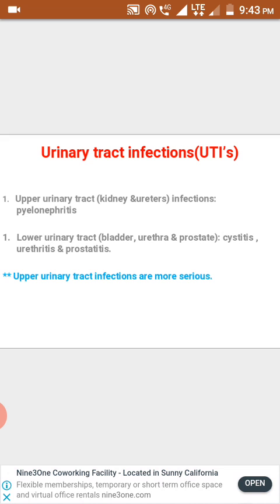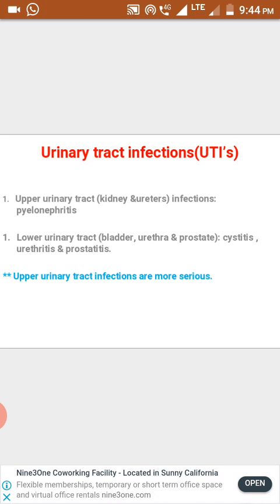Any infection, bacterial or viral, to any part of the urinary tract, coming from the urethra, going up to the urinary bladder, ureters and kidney, is called a urinary tract infection.